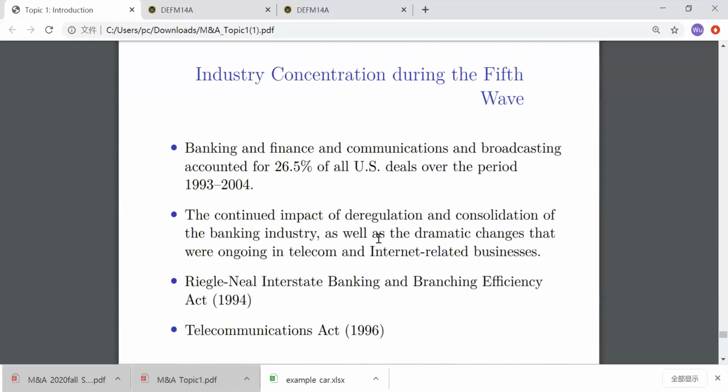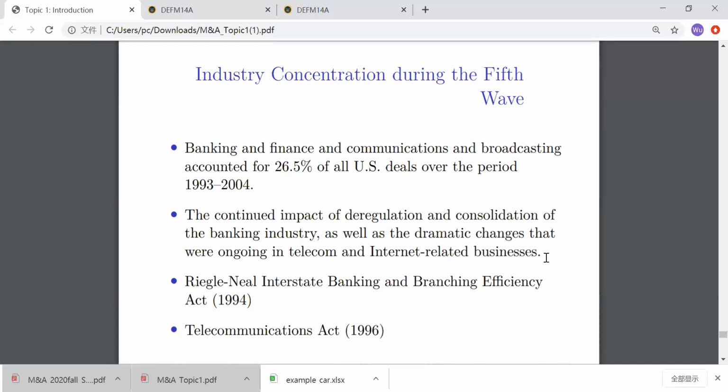There's also a feature of industry concentration during the fifth wave. In this fifth merger wave, banking and finance and communications and broadcasting accounted for 26% of US deals, a very large share. There was the continued impact of deregulation and consolidation of the banking industry, and also deregulation in the telecommunication industry, as well as internet-related businesses.